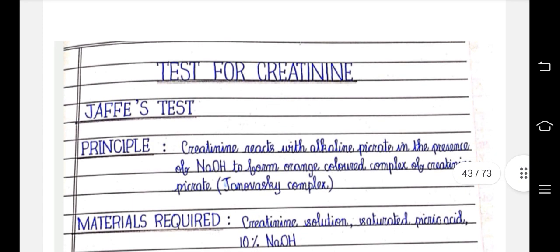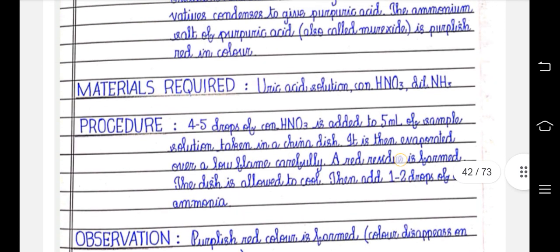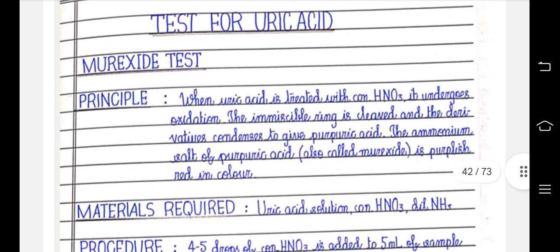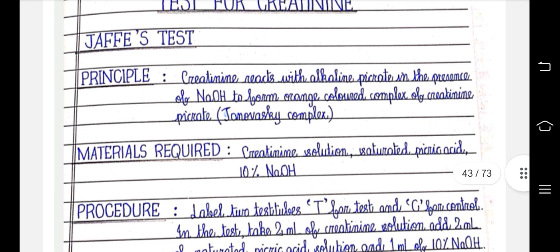Test for creatinine. Jaffe test. Principle. Creatinine reacts with alkaline picrate in the presence of NaOH to form orange colored complex of creatinine picrate.